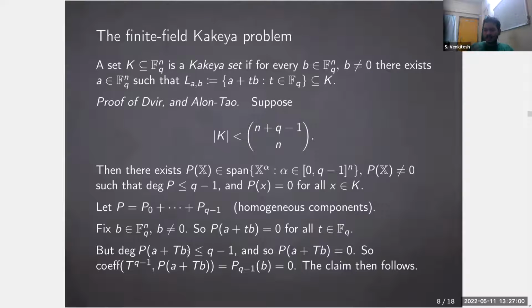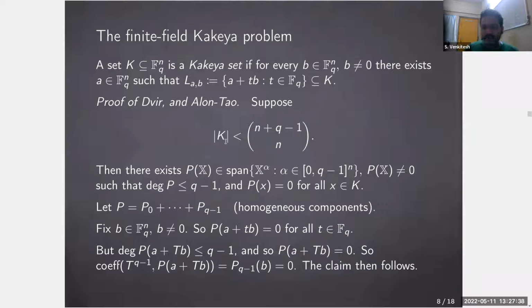Now you can vary over all non-zero b's, and then the claim follows. What I mean here is that you can conclude that P must actually be the zero polynomial, which contradicts the assumption that P is non-zero. And therefore, the size of K must be at least n plus q minus 1 choose n. Binomial estimates will then give q to the n by n factorial as the lower bound. So a very simple-minded application. In fact, this is a kind of proof that should remind you of other applications of the Nullstellensatz that you might have seen in the earlier talk.